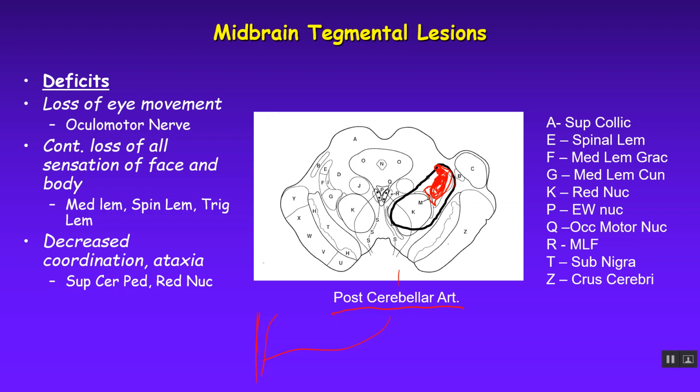If you're up in the midbrain and you have this little tegmental lesion here, you could have the whole side of your face and body, all modalities affected with this particular lesion. Similar to if you had something up in your internal capsule affecting the whole half of your body and all modalities of sensation, pain, temp, proprioception.